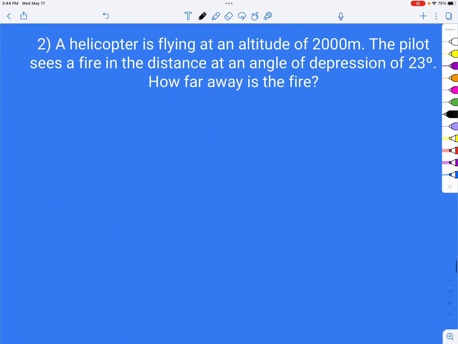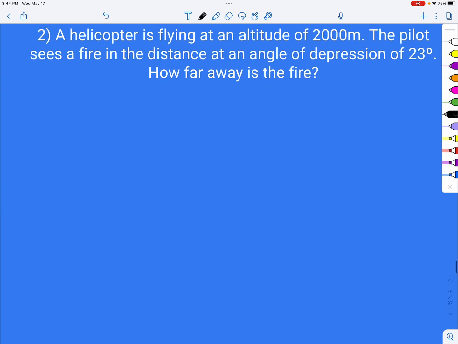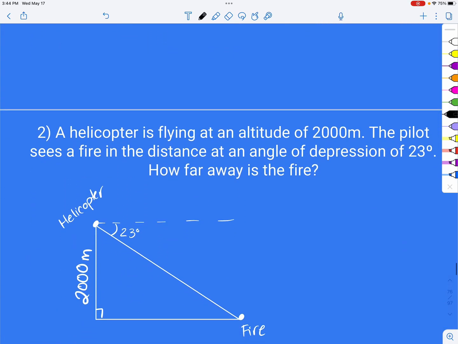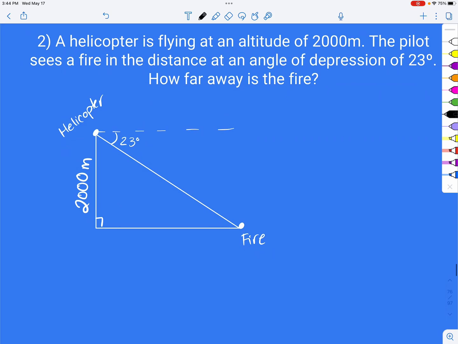Next question. Again, I would take a minute, pause the video, read the question, try to draw the diagram. So hopefully you had a diagram like this. Altitude is the perpendicular measurement of height.